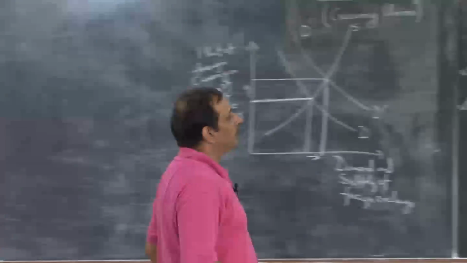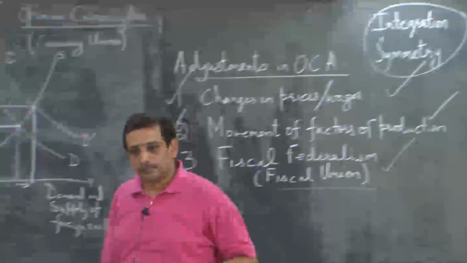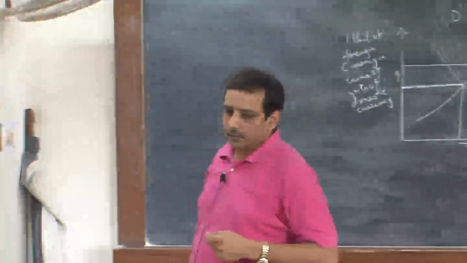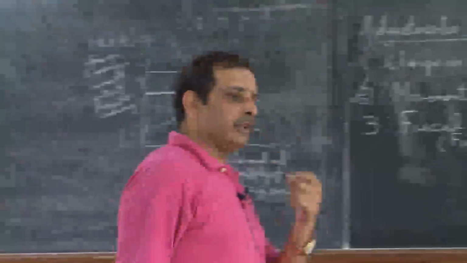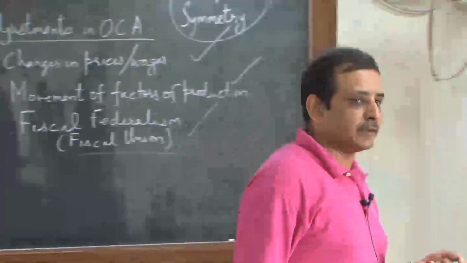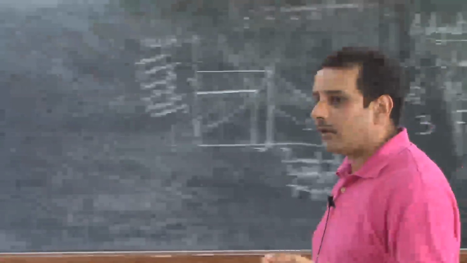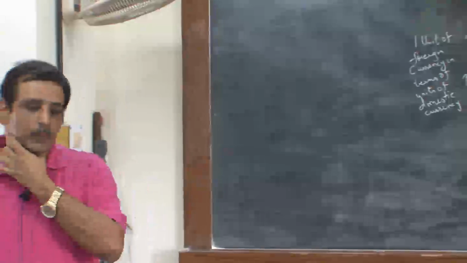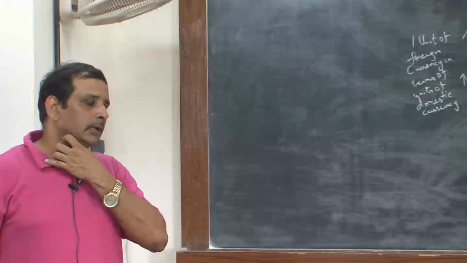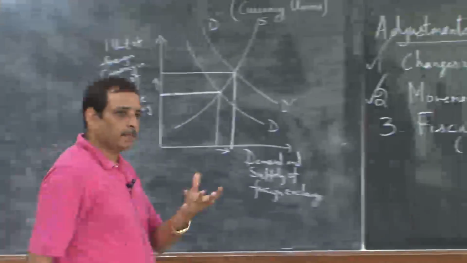And a symmetrical relationship is that if each country tends to react in the same manner due to some shocks which happen outside the region. So this point I can explain like in your family.